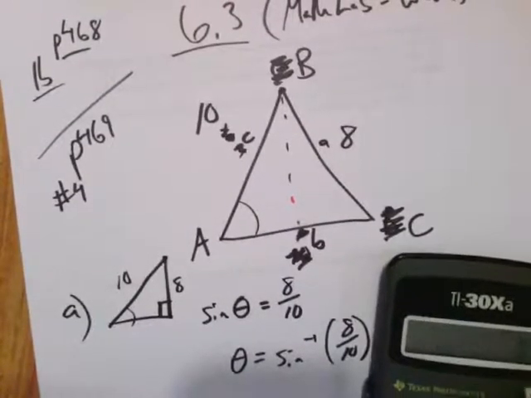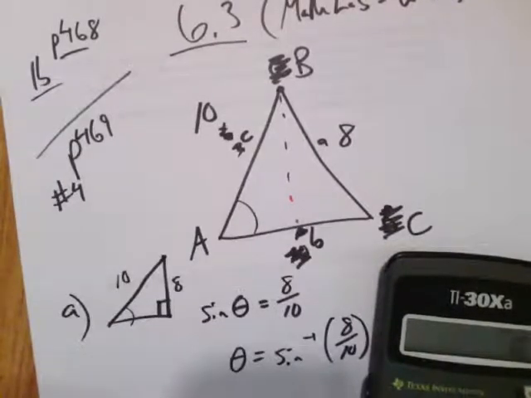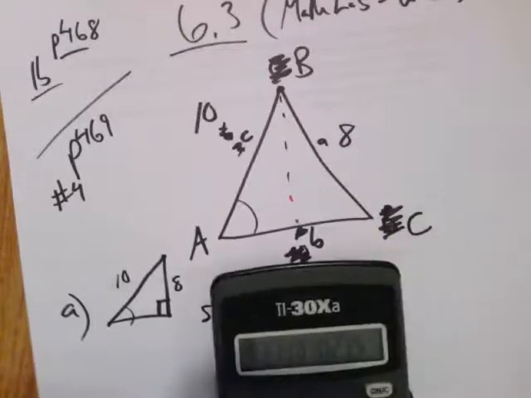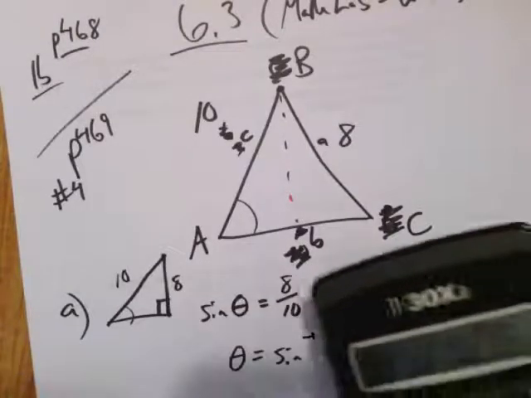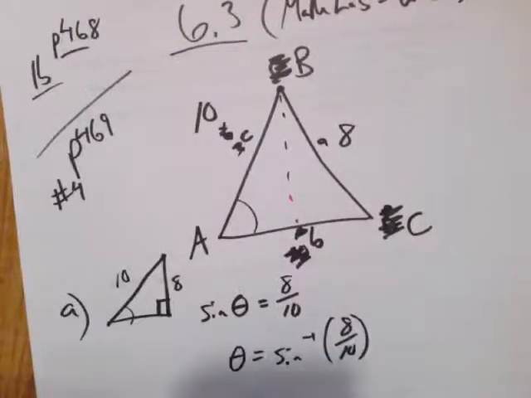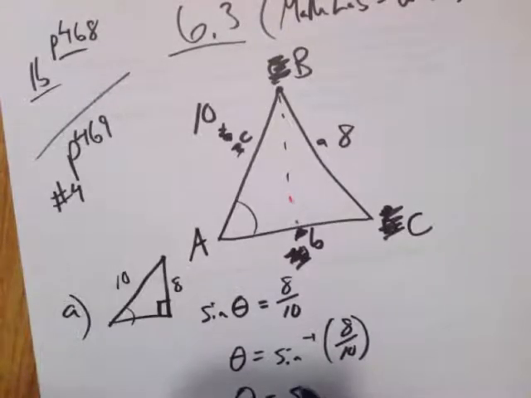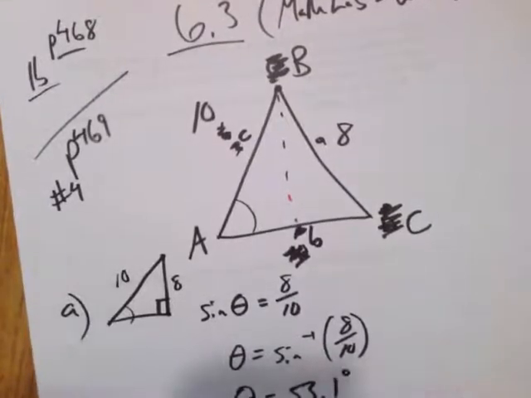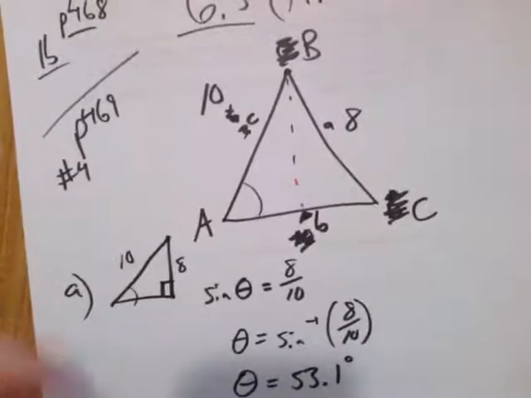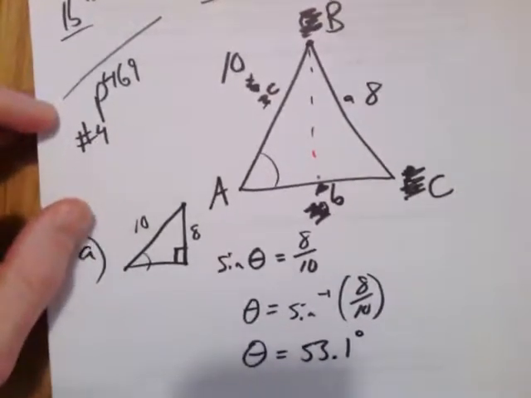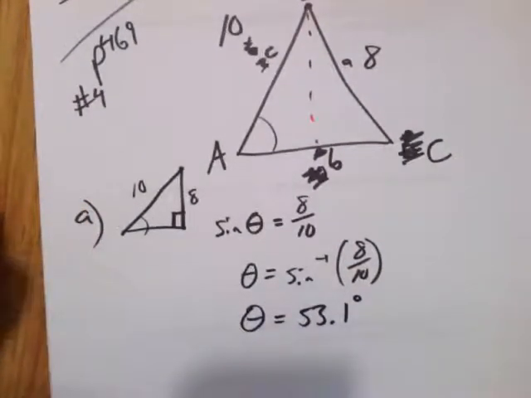So 8 divided by 10 is 0.8, and then we second sine that. It's 53 degrees, 53.13 if we want to get specific. Theta equals 53.1 degrees.